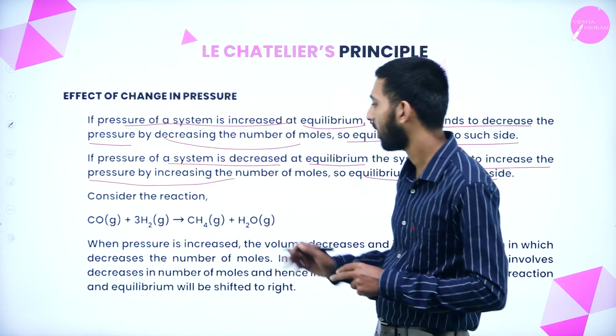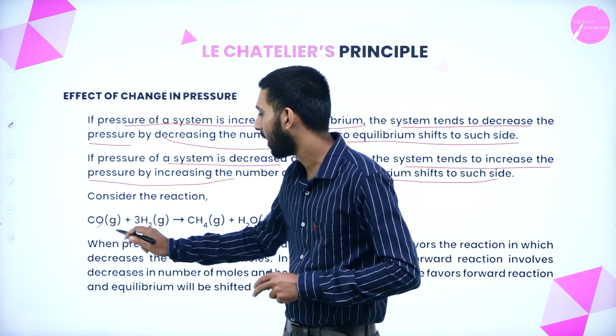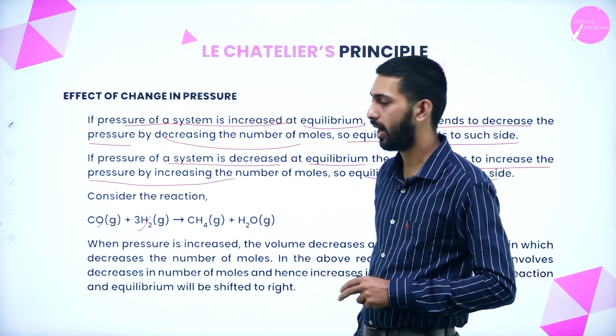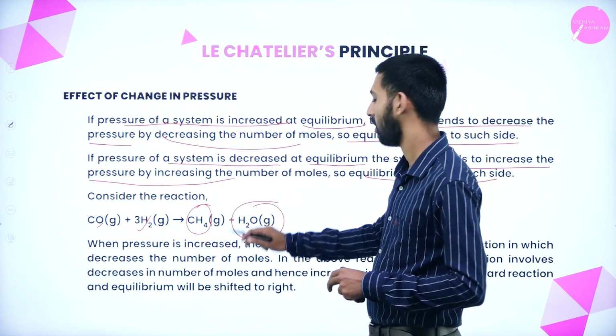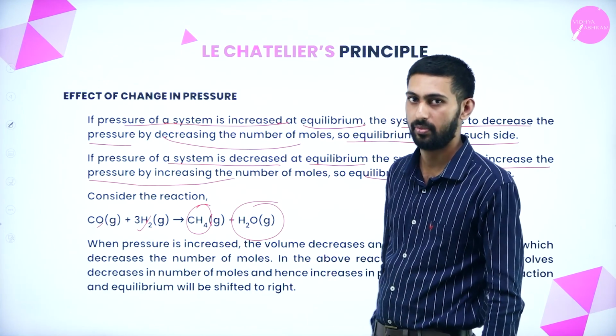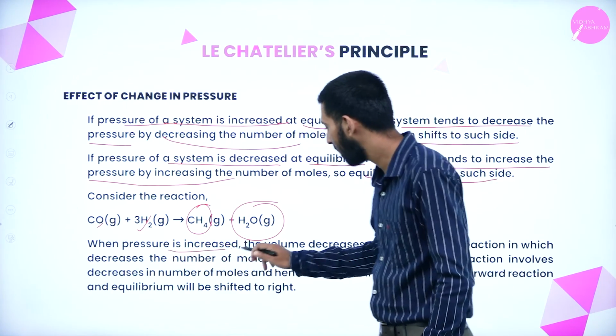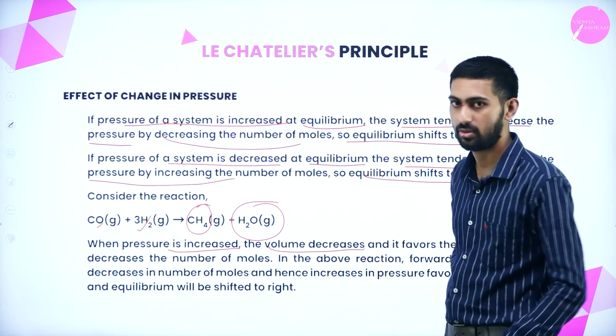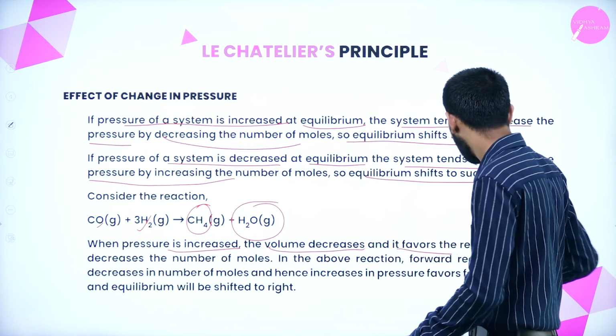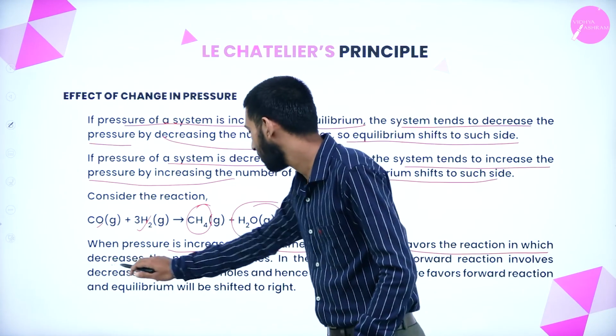Okay. Now let us take one example. Carbon monoxide gas is treated with 3 moles of hydrogen. You will get methane and a water molecule, which is in the gaseous form. When the pressure is increased here, volume decreases, and it favors the reaction which decreases the number of moles.